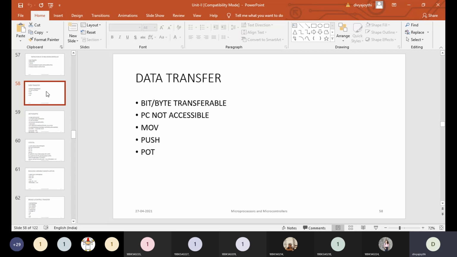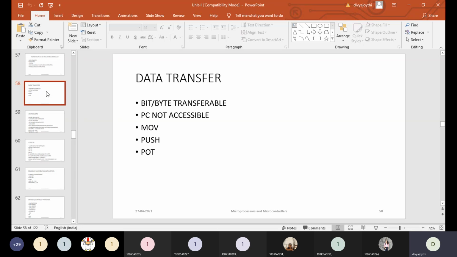But in data transfer instructions, that means in order to move the data from one place to another, that is from source to the destination, the program counter cannot be used. In a single statement, the program counter is not accessible for data transfer instructions. This is a very, very important point that you need to keep in your mind. In data transfer instructions, the program counter cannot be used.